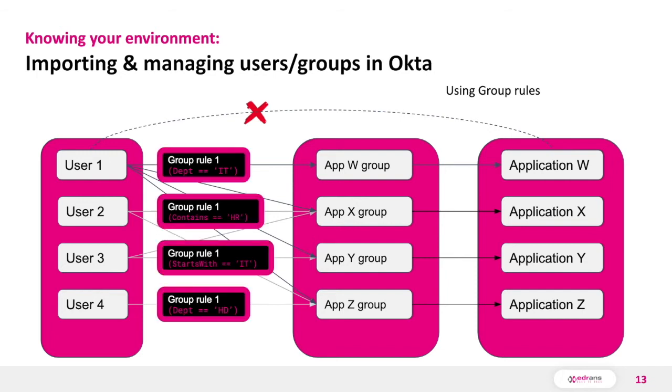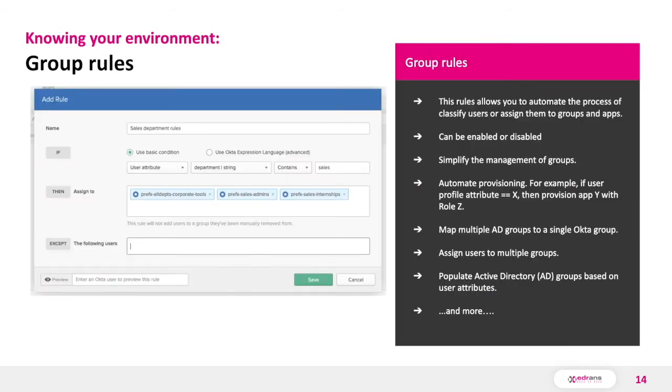The department field can take many values, and depending on your case, Okta offers you a set of conditions and operators, even some type of Okta regular expressions to do it, where you can check, for example, if the attribute value equals, starts with, ends with, or just contains some string. So group rules, as you can see, become very handy when it comes to automatically assigning applications to users when they are created in Okta, especially in the onboarding process.